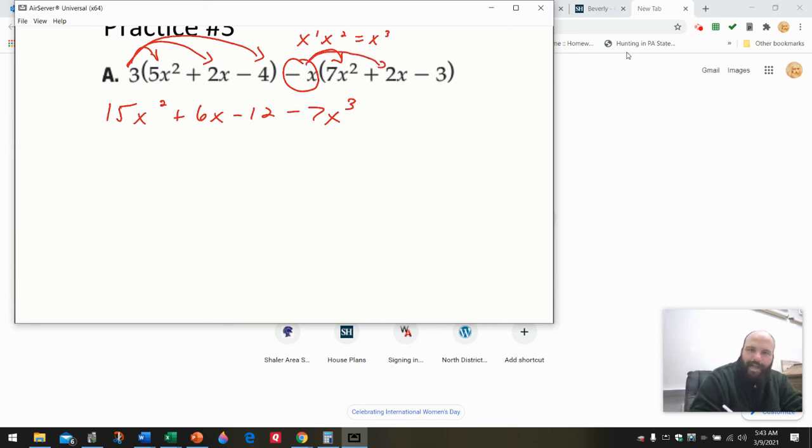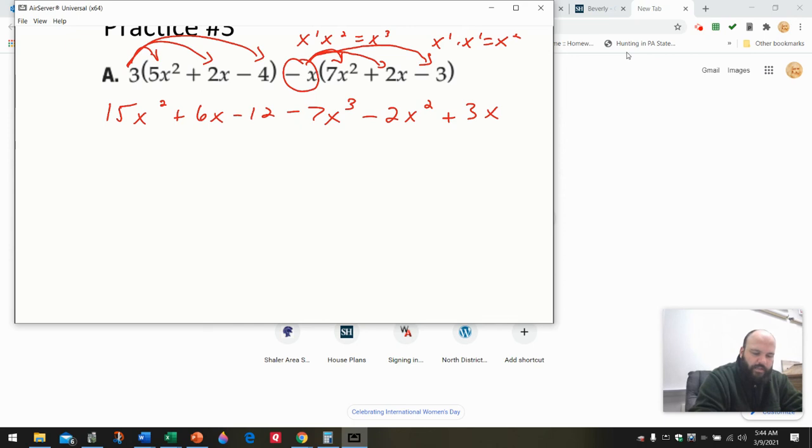So negative 1x times 2x gives me negative 2x to the second. x to the first times x to the first is x to the second. The last distributive property we're doing is the negative x times negative 3, which gives me positive 3x.